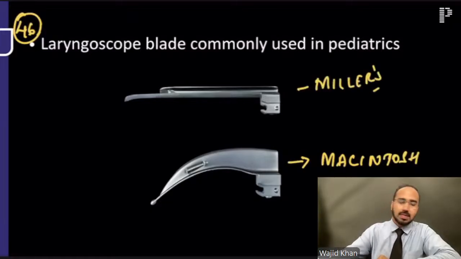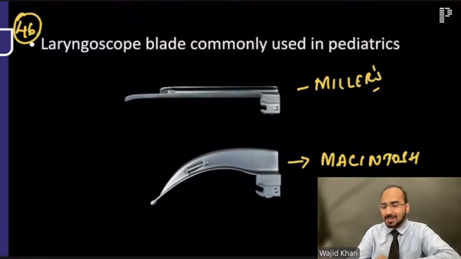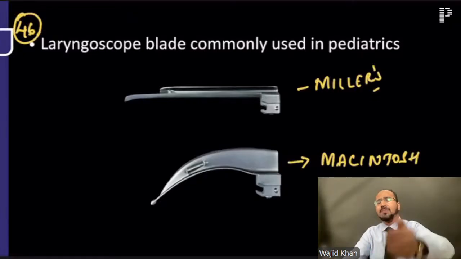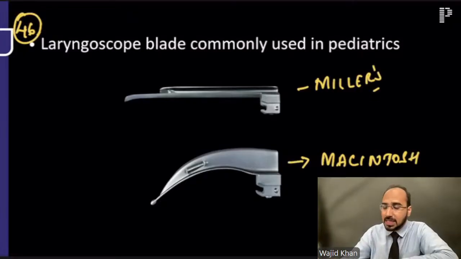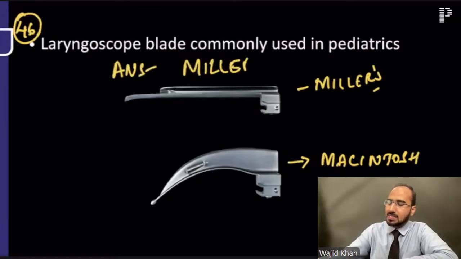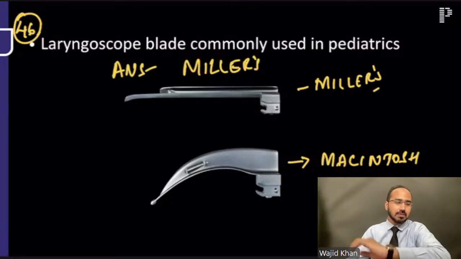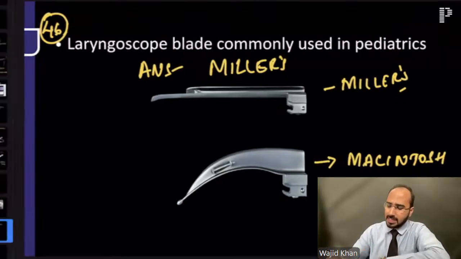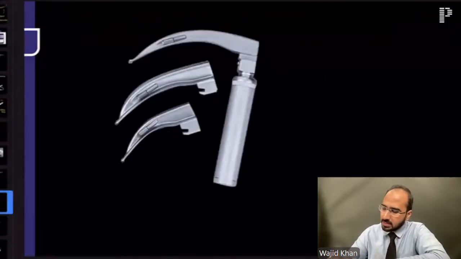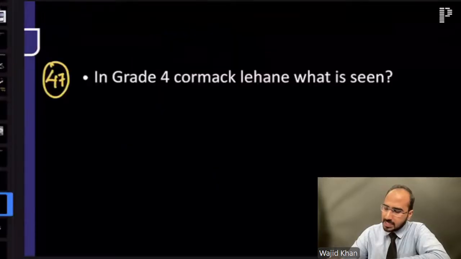Come on, guys. Which one could be used in pediatrics? In pediatrics, as they are having large epiglottis which can be easily lifted with a straight blade, the answer is Miller's laryngoscope. Macintosh is used for adults.